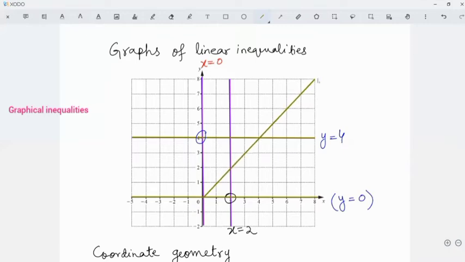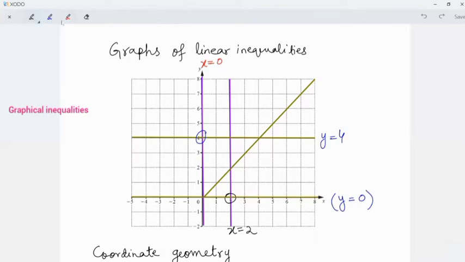So how do we write down the equation of the line? This is not parallel to the x-axis or the y-axis.